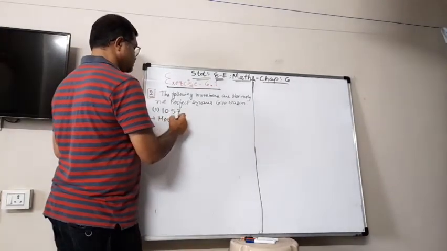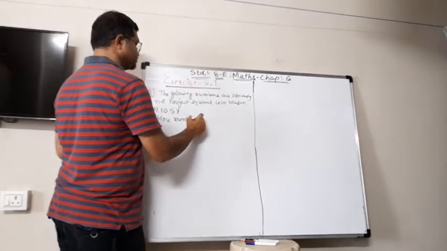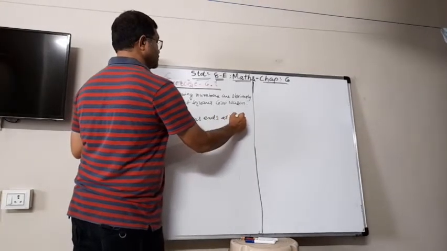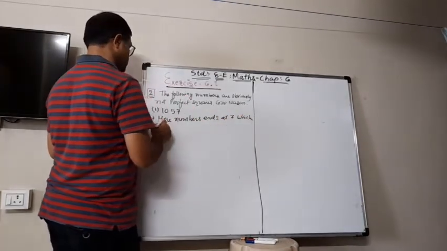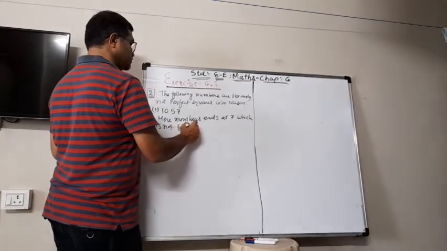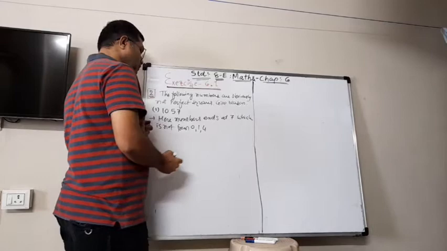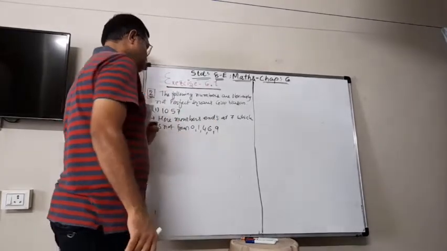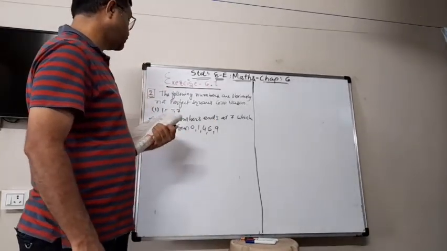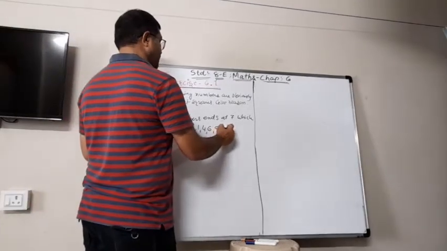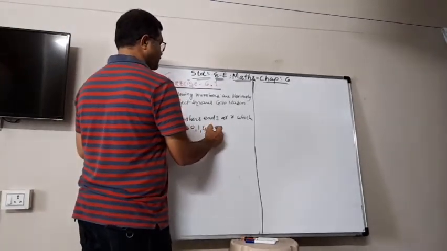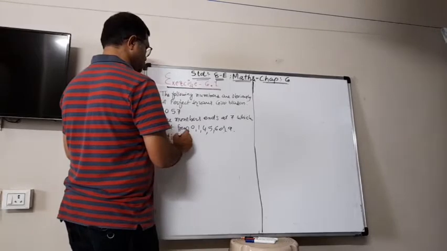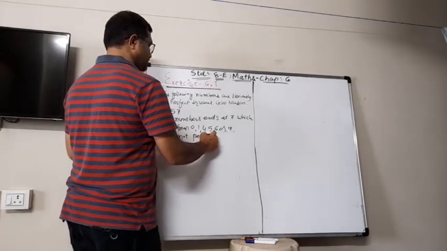So here the number ends at 7, which is not from 0, 1, 4, 5, 6 or 9. Therefore, it is not a perfect square.